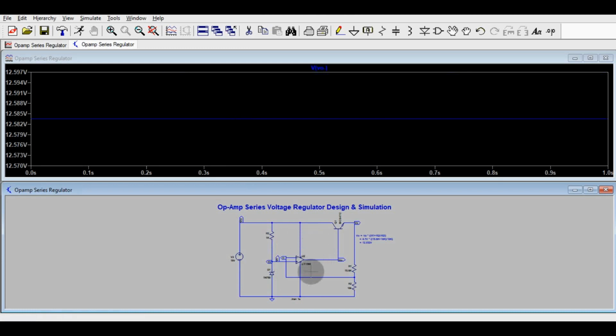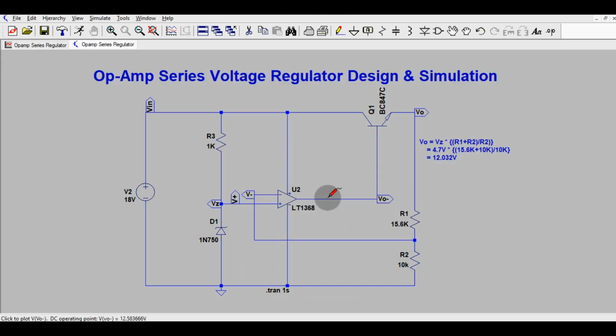If you wonder why this is 12.58 and your output voltage is 12 volt, the reason is that this 12.58 volt goes to the base of the transistor, and then there is a VBE drop, which could be 0.7 volt based on this transistor's characteristic. It drops across this, then you get the V out voltage.